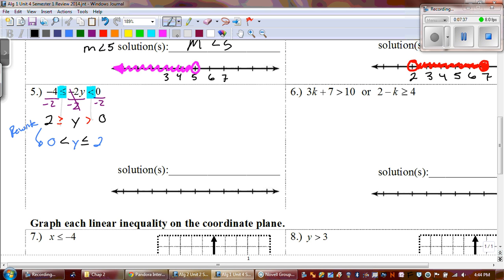Okay, so that's our final answer. 0 is less than y, which is less than or equal to 2. Okay? So we get 0, 1, 2. Those are the only numbers we need to worry about. At 0, we are open, and at 2, we are closed. So then we just shade the middle. And that's it.